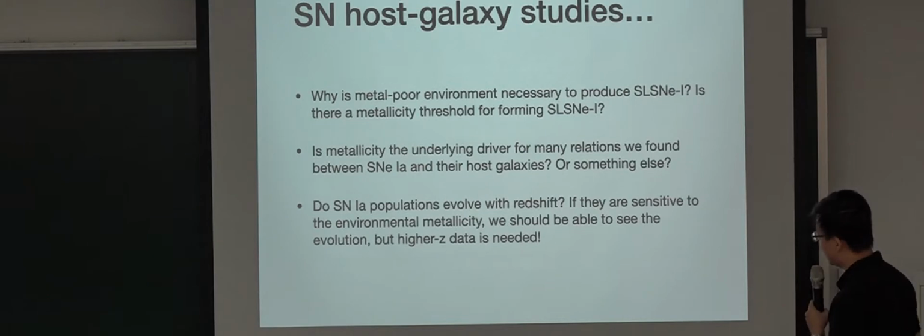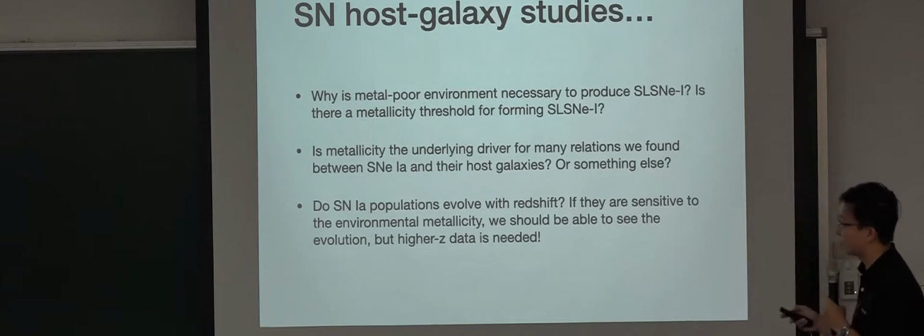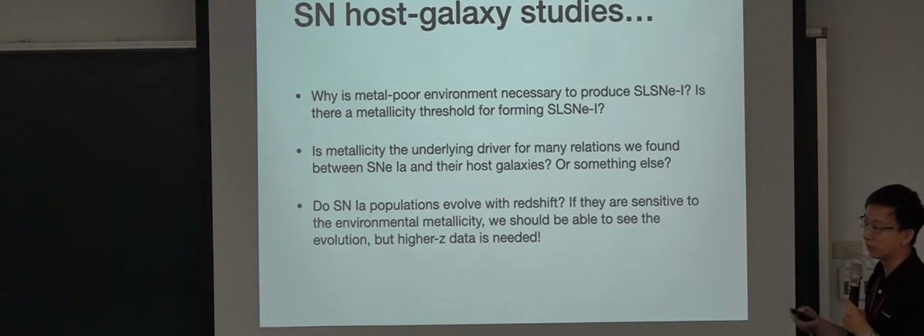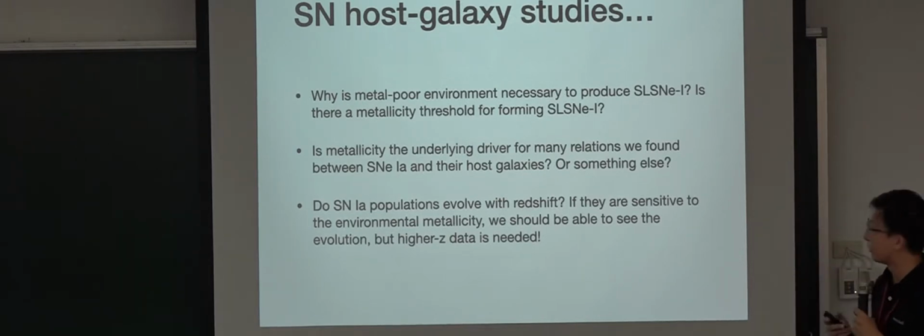And finally, which is also the most important one, we try to figure out if the populations of type Ia supernovae evolve with redshift. If they are sensitive to the metallicity of their host environment, we should be able to see this evolution. I think we need higher redshift data. Okay, so that's the end of my talk.